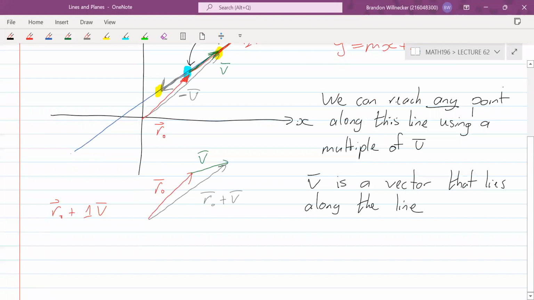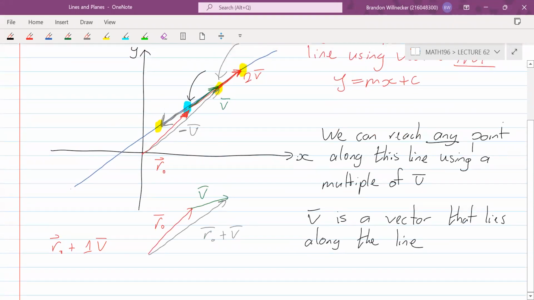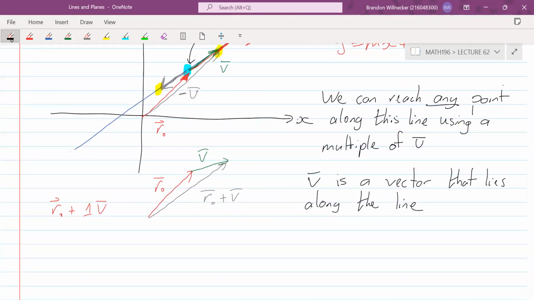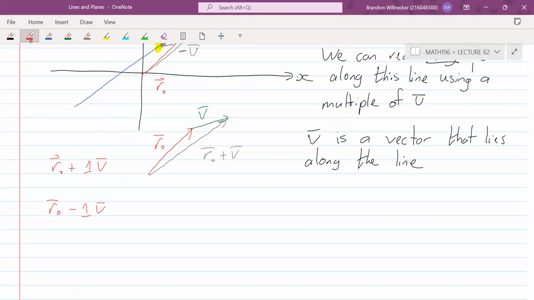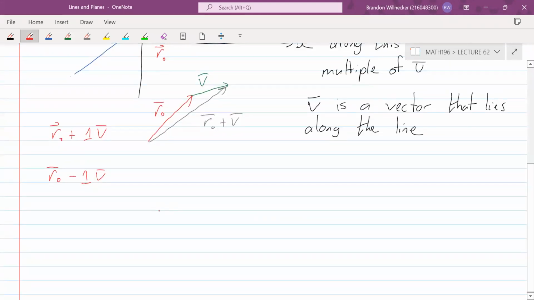If we do something like R0 minus v, let's do it on the side here, R0 minus 1 times v. We've got R0 going along here, and minus v along that way. If we add them, we end up over here.